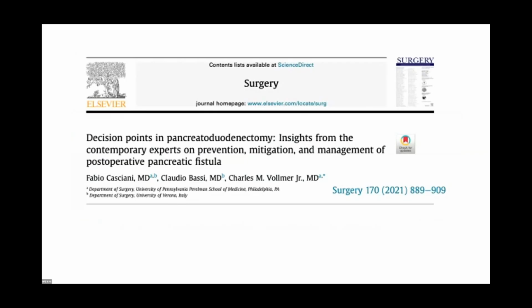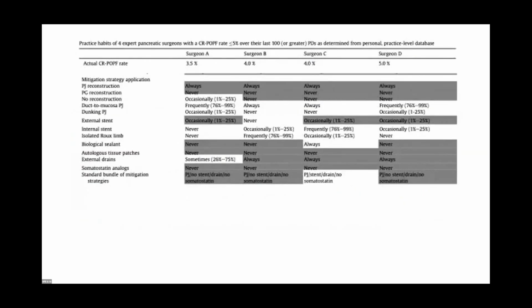This is one of the very valuable papers I've come across in recent times, which talks about prevention, mitigation, and management of postoperative pancreatic fistula by 60 expert pancreatic surgeons from 22 countries. And they discussed all aspects of this.